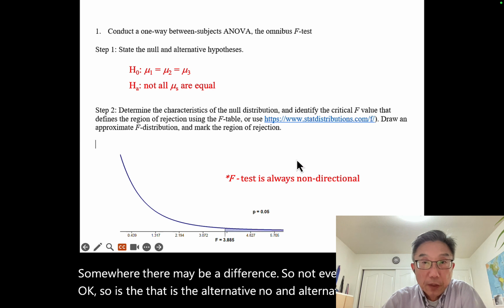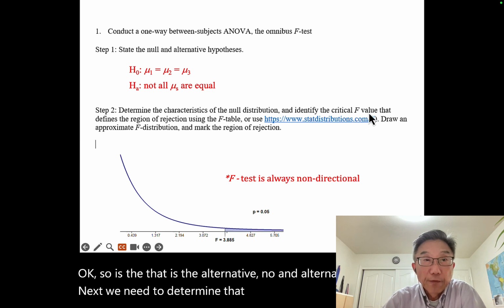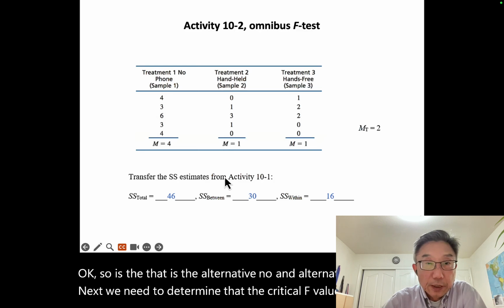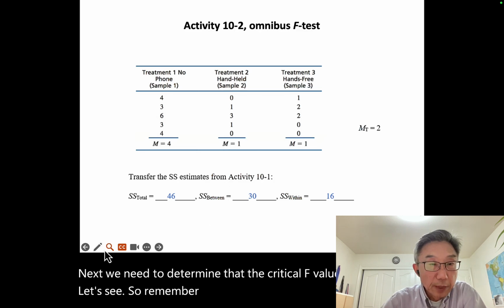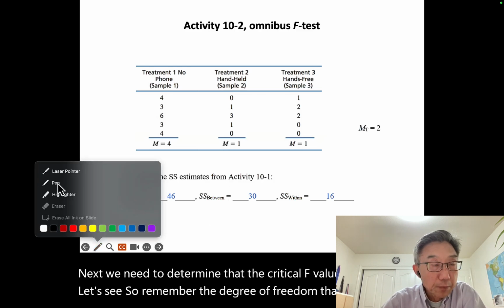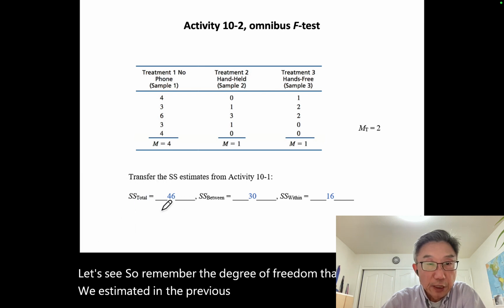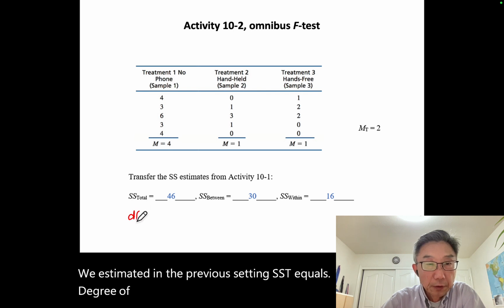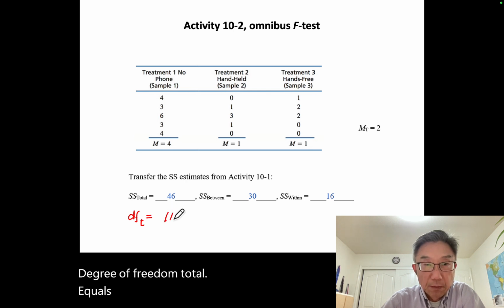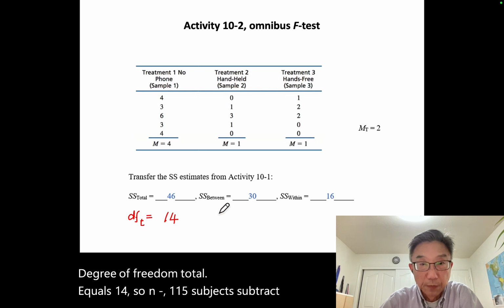Next, we need to determine the critical F value. Remember the degrees of freedom that we estimated in the previous setting. The degree of freedom total equals 14, so it's n minus 1: 15 subjects minus 1 equals 14.